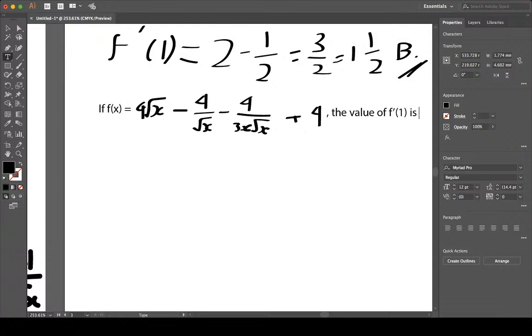Same thing as before. We'll first try to find the derivative. Let me go ahead and put this guy in. There we go. Let's start by taking the derivative.